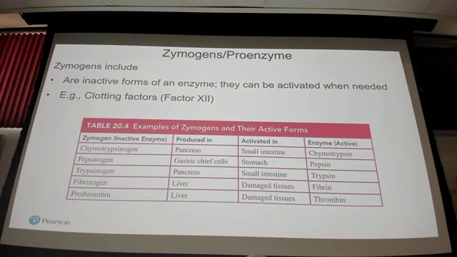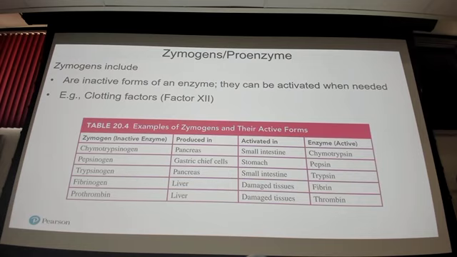But before we do, we're going to talk about zymogens, which are proenzymes. So I would recommend you guys knowing the zymogen in its inactive state and the active state. And so zymogens are very important. We've talked about several of these, the ones involved in the digestive tract, chymotrypsin, pepsinogen, and trypsinogen.